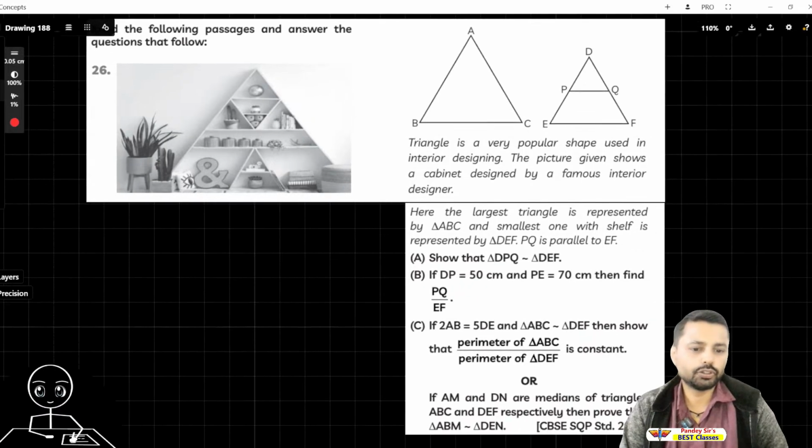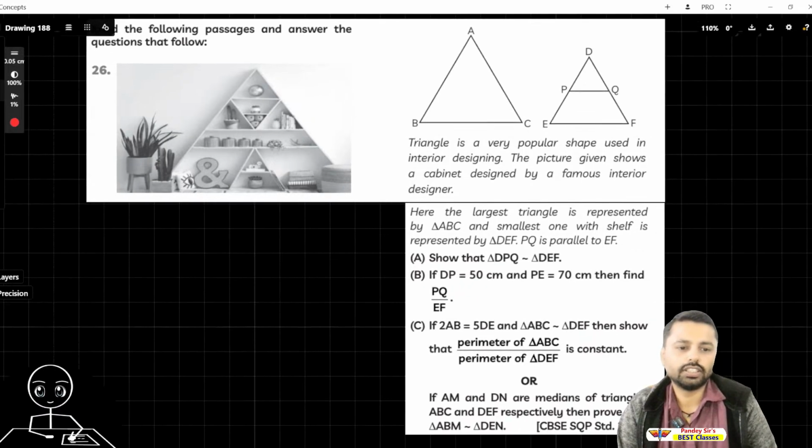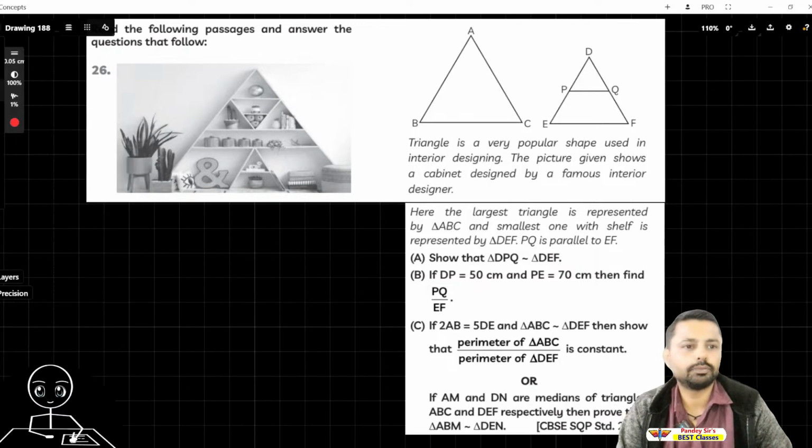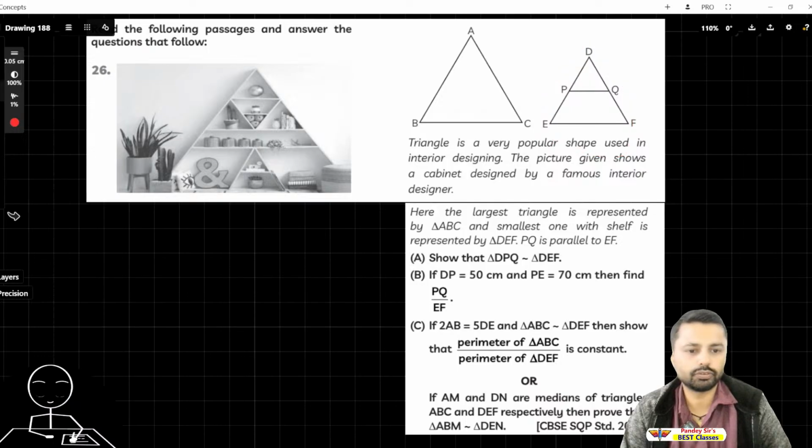So we have to show DPQ is similar to DEF. Where is DPQ? This is DPQ. And DEF, this is DEF. Is there anything they have given? PQ is parallel to EF.